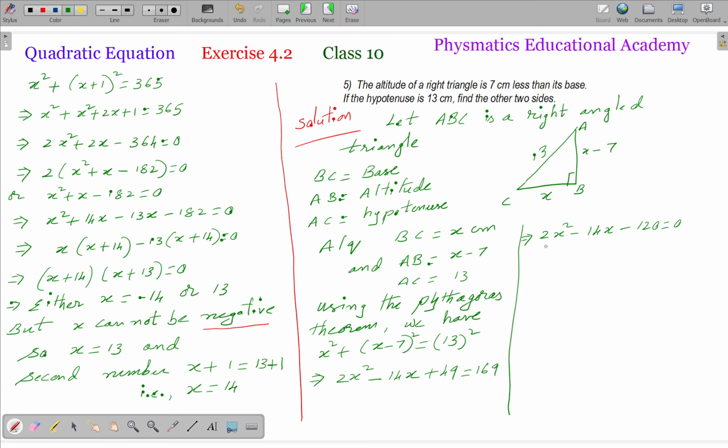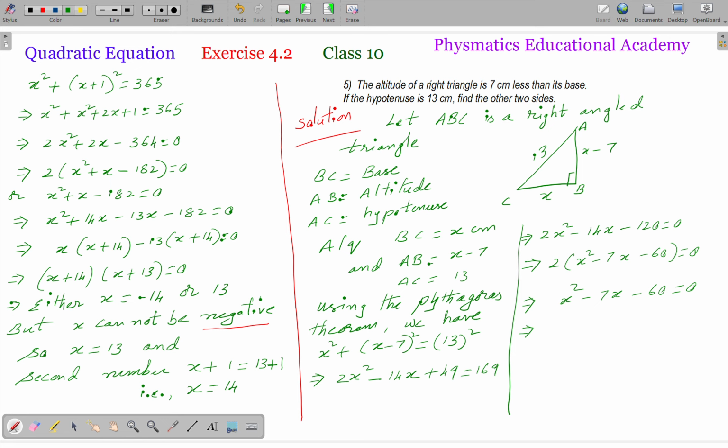Then when you simplify further, 2x square minus 14x minus 120 is equal to 0. Then further simplification, taking 2 common, x square minus 7x minus 60 is equal to 0.